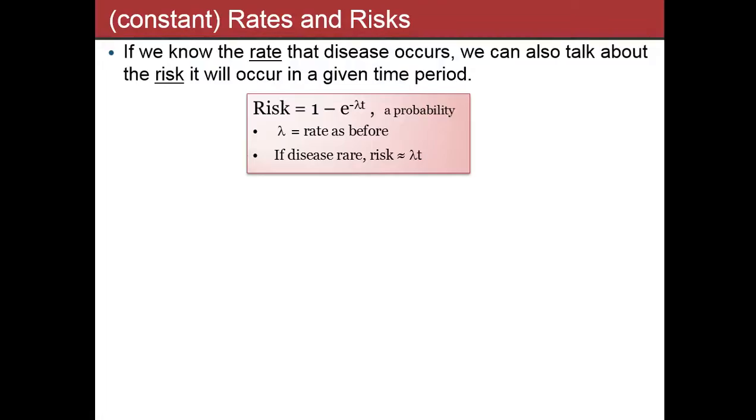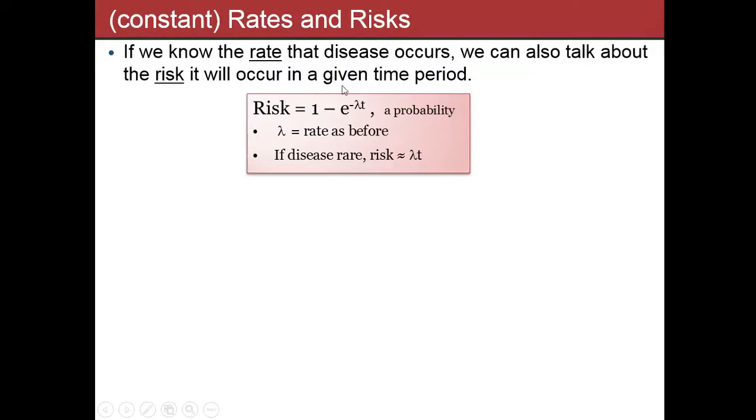There's this formula that lets us relate the rate of disease occurrence to the risk of occurrence, right? Rate and risk are very special terms in epi, even though they're not always distinguished in common language. The idea is that the rate describes the occurrence per some time unit, and the risk is often talked about in a fixed time period, right?